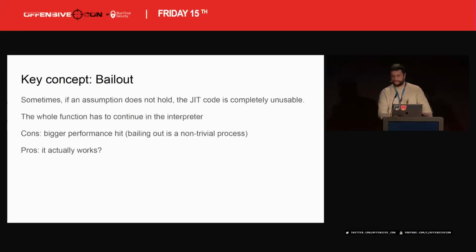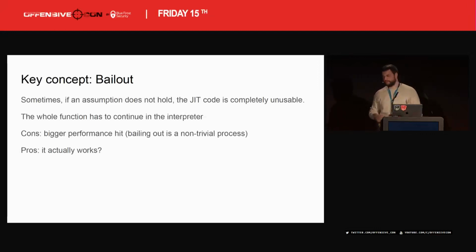The other key concept is called bailout. Here, sometimes if you have an assumption that's not true, the JIT code is completely unusable. That would be true, for example, if you profile something that takes an integer value, and all of a sudden you give it a pointer. You will do some tag checks, bit stuff that will basically clobber the pointer, so you will most likely crash at some point.